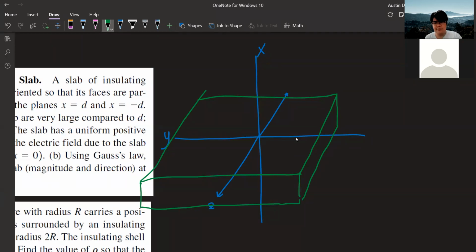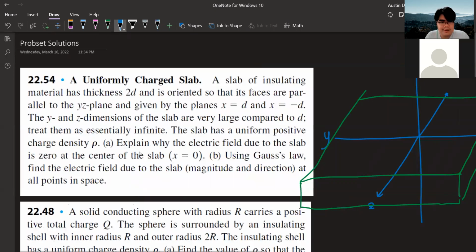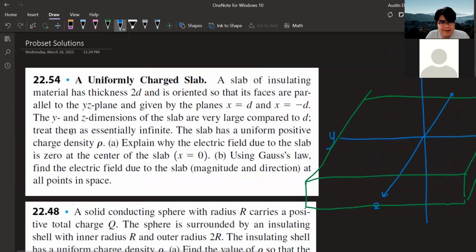Okay. So this is the midpoint is x0. This is xd. And the bottom part is x negative d. Okay. So malaki daw yung dimensions ng y and z ng slab. Therefore, it looks like infinite siya.